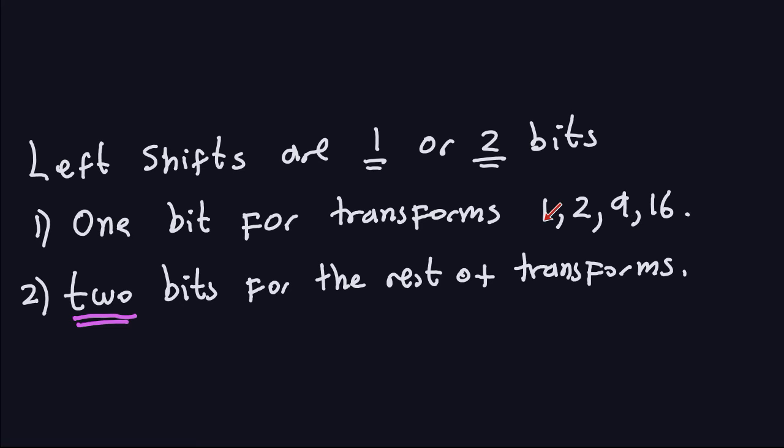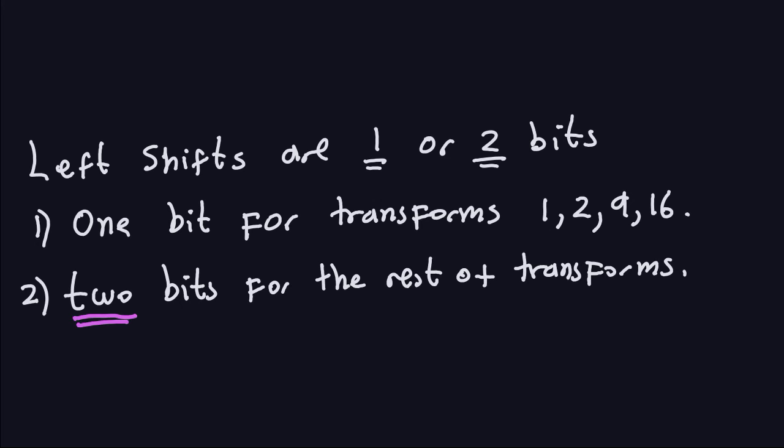So transform 1 is 1 bit, the one we just saw. Transform 2 will also be 1 bit. But transform 3 is going to be 2 bits, because 2 bits are for the rest of the transforms. So transform 3 will be 2 bits. Transform 4 will be 2 bits.